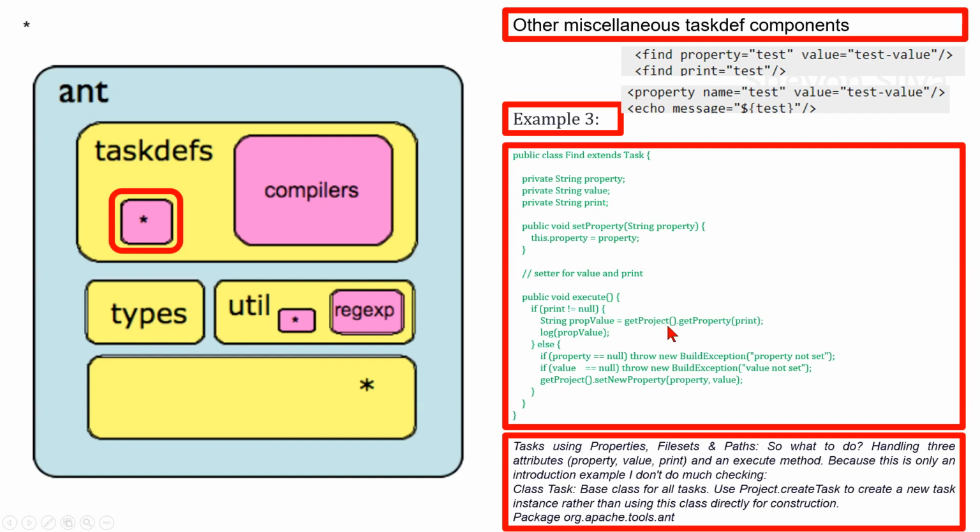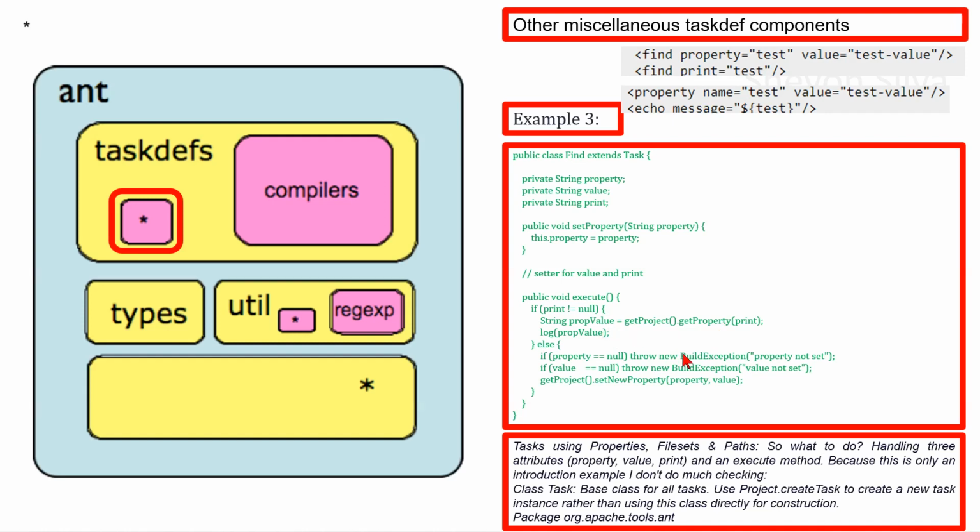We get this instance via the public getProject method, which we inherit from Task, more precisely from ProjectComponent. Reading a property is done via getProperty(name). Very simple, isn't it? This returns a value as a string or null if it is not set.